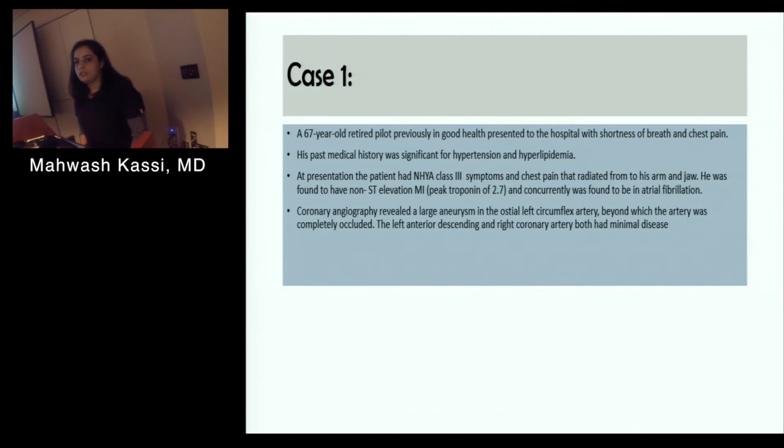At the time that he presented, he was NYHA class 3, and he had typical chest pain that radiated to his arm and jaw. He was diagnosed with non-ST elevation MI. His peak troponin at the time was 2.7, and he concurrently was in atrial fibrillation.